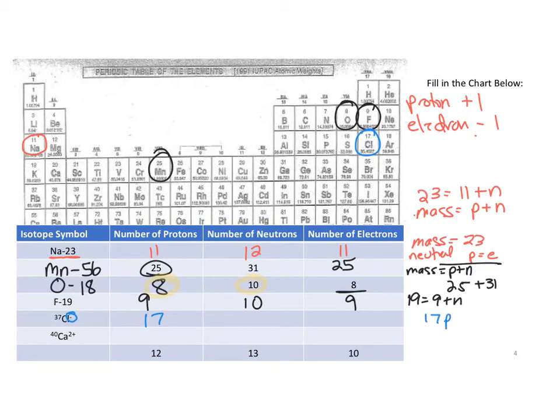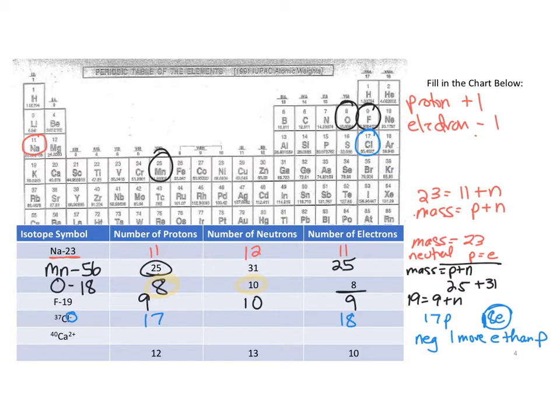And so if it has one extra electron, it'd have to have 18 electrons, because 17 protons and 17 electrons would make it neutral. And so if you had an extra electron, now you have a -1 charge. So if you have a -1, you're going to have one more electron than proton. So if you have 17 protons, you need 18 electrons.